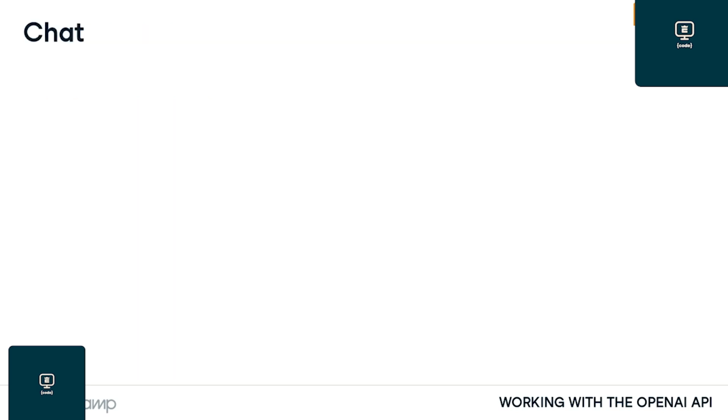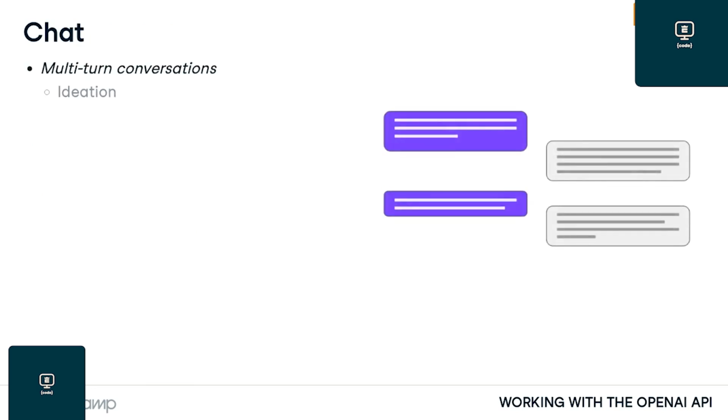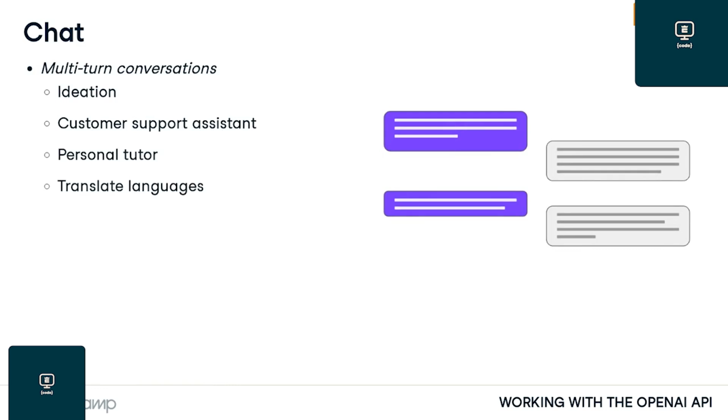The chat endpoint can be used for applications that require multi-turn tasks, including assisting with ideation, customer support questions, personalized tutoring, translating languages, and writing code. Chat models also perform well on single-turn tasks, so many applications are built on top of chat models for flexibility.